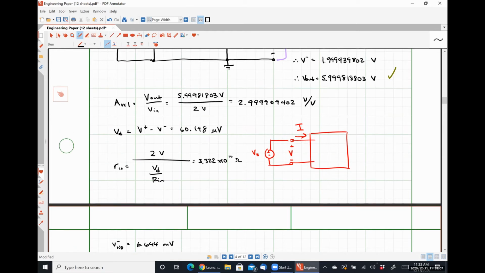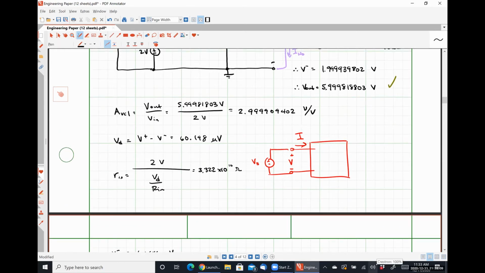I just want to look at things here real quick. The input resistance seen by the input voltage source is 3 times 10 to the 10. So that is roughly 30,000 times larger than the largest resistance in our system, which was the capital R in of the op amp at 1 megaohm.